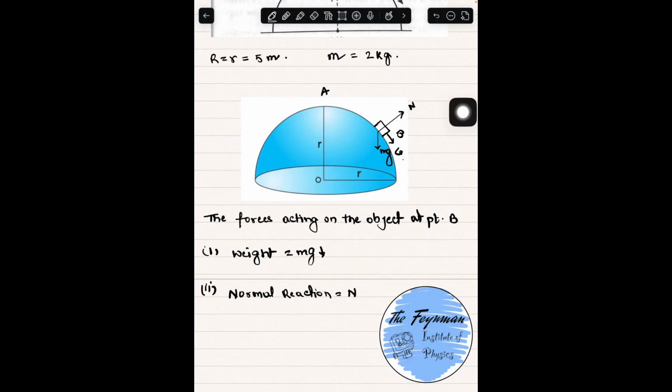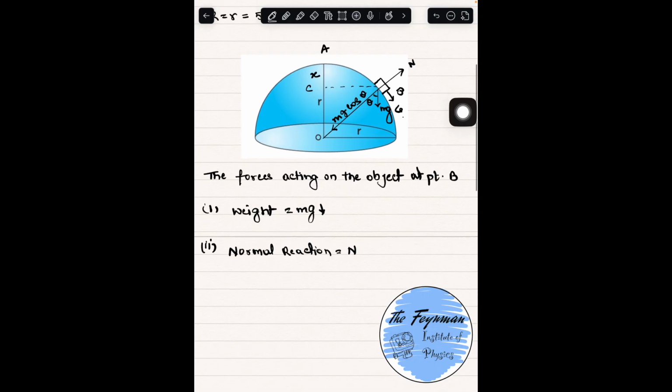Now in this case, if this angle is theta, then the component of the weight, mg cos theta, will always act toward the center. Suppose AC, that is x, is the vertical displacement the object has gone through.